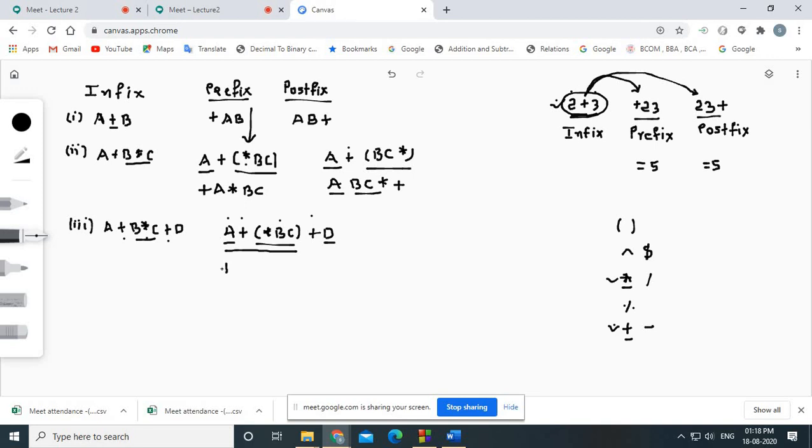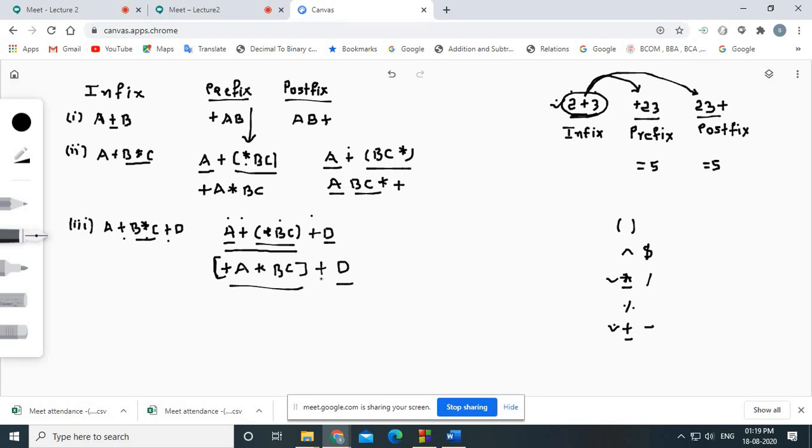So I am writing something like this: plus, making a bracket, plus. So this operator I have considered. Now I am going to consider the operands. The operands are A, then star, then BC. Okay, now plus D. Now again you see, here you have a first operand, a second operand, and in between you have the operator.